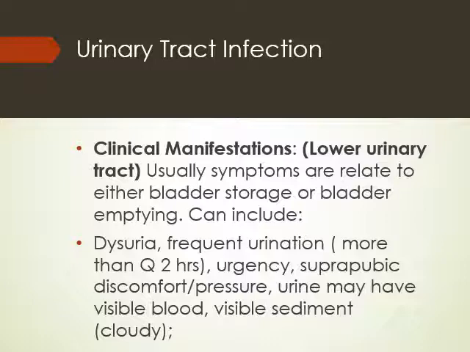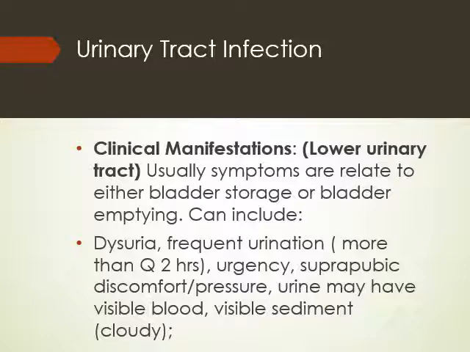So people will say they have painful urination, dysuria, frequent urination, urgency, which they have to go right now. They may have suprapubic discomfort or pressure. The urine may have visible blood or sediment.